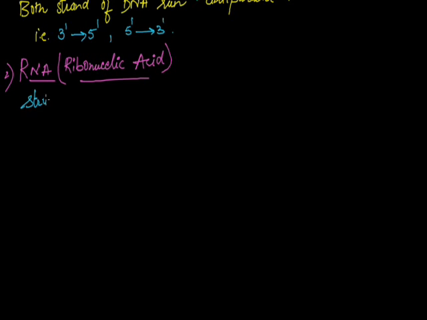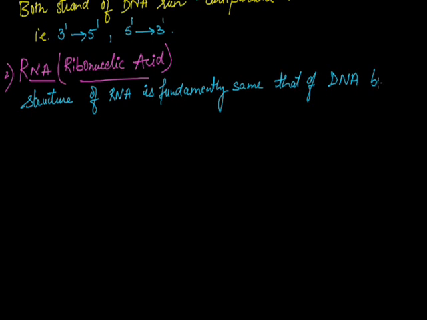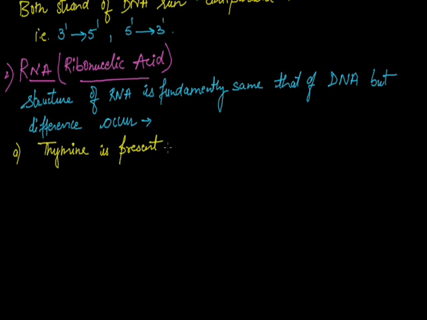The structure of RNA is fundamentally the same as that of DNA, but differences occur. The first difference is that thymine is present in DNA and uracil in RNA.